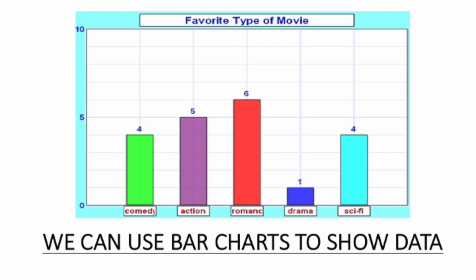So for comedy, how many? 4. Action, romance, drama, and sci-fi, 4. Yes. When we're designing our own bar charts, it's a good idea if we have different colors to do every bar a different color, because it helps to tell the difference each time.